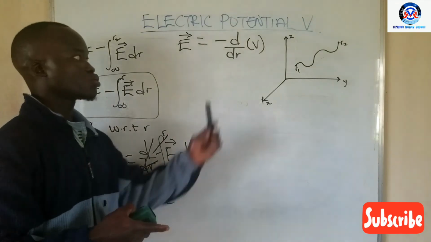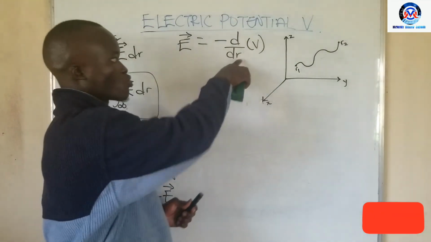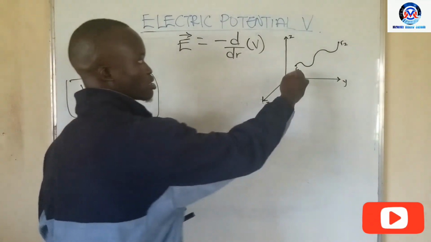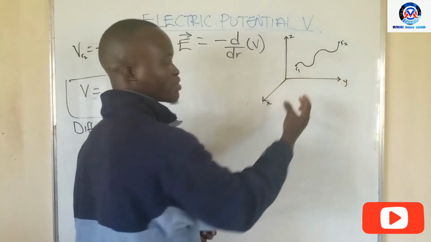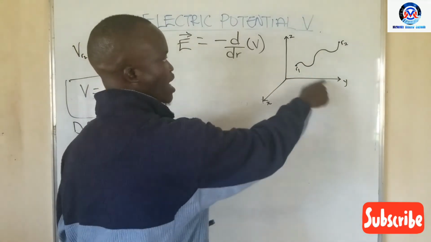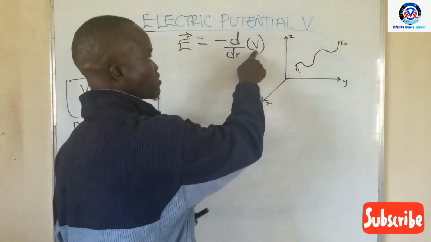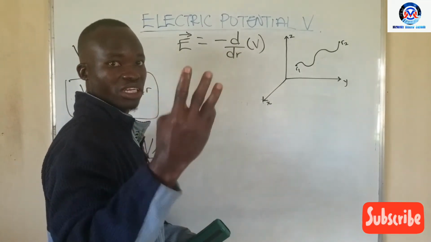Now, this is not all. Don't forget that the curve we are considering has three coordinates: the x, y, and z coordinates. So we have to differentiate this scalar field along the three coordinates.